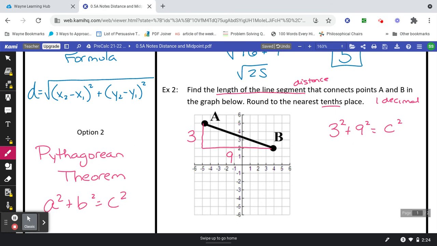C squared is the hypotenuse, diagonal. And then we just simplify it out. Square root at the end. And as you type that into your calculator, you're going to get an answer of 9.5.